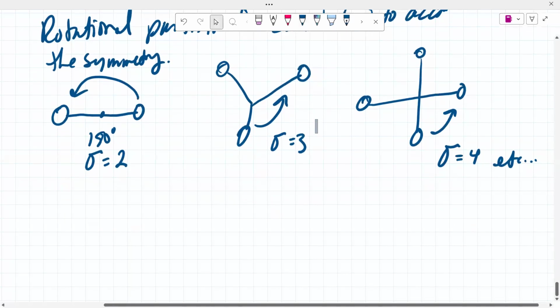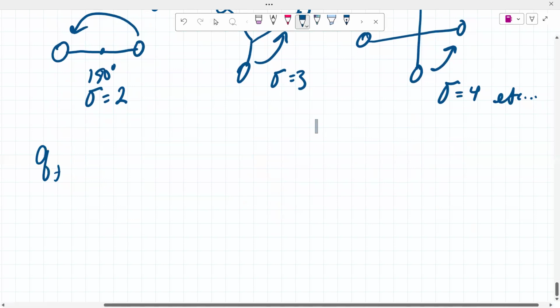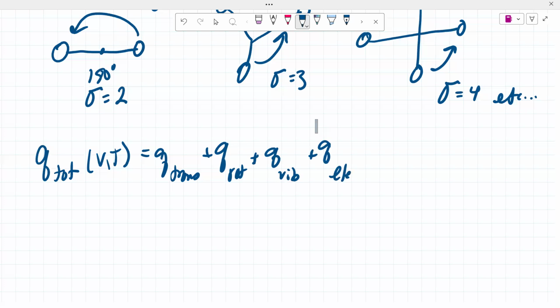So now we have looked at all the components of the partition function for the diatomic. We saw that our Q total of V, N, T equals Q trans plus Q rot plus Q vib plus Q elect. Except instead of pluses, this is really supposed to be multiplication. Sorry, guys.